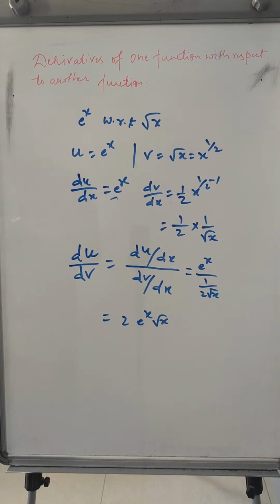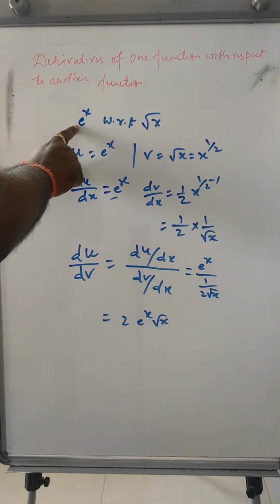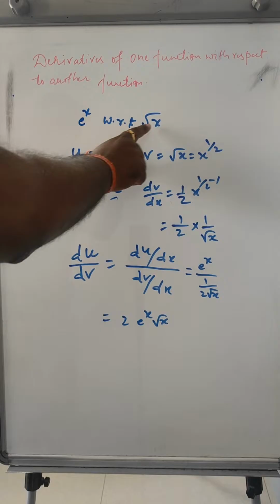Okay, so now we will solve another one. This is clear, right? There is no issue, no confusion. Very straightforward, very clear explanation. Basically you have to differentiate e to the power x with respect to root x.